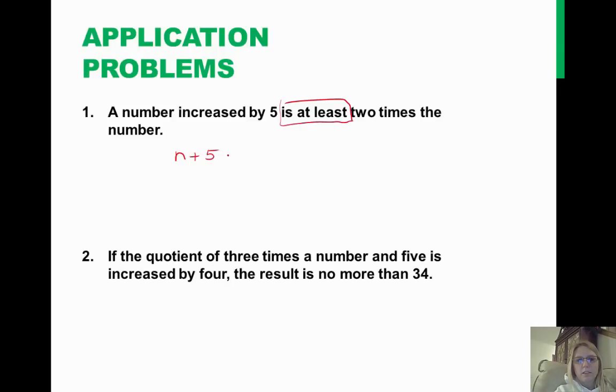So we know that it's going to be greater than or equal to 2 times the number, so that'll be 2n. We can solve for this by taking away an n from both sides. Then we'll have 5 is greater than or equal to n. So if I were to graph that, that means that 5 is larger than n, so we're going to have a solid dot here, and we will go to the left.